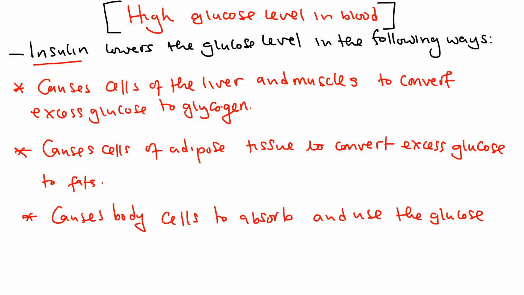How does it do it? It causes the cells of the liver and the muscles to convert the excess glucose into glycogen. Glycogen is a storage form of glucose.